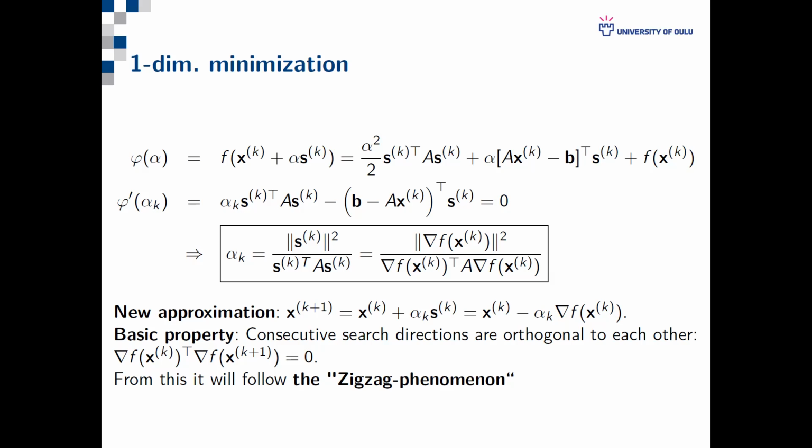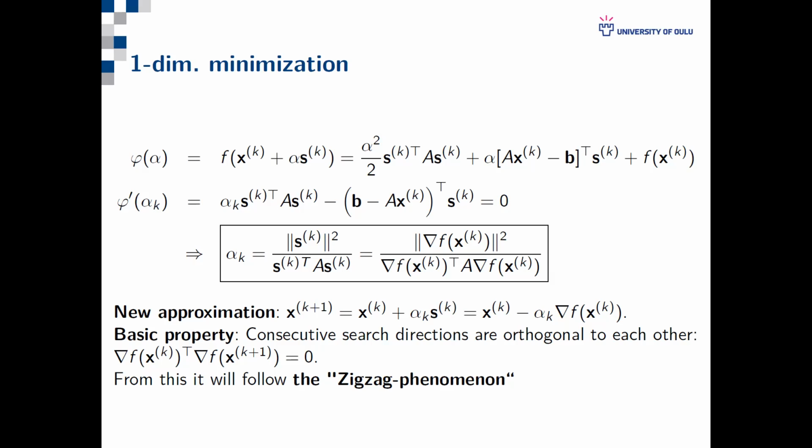So it's alpha k with this number minus, here is alpha, the derivative of alpha is 1, and then I multiply by minus, so it's minus b minus A xk, scalar product with sk, but this vector is the same as sk.